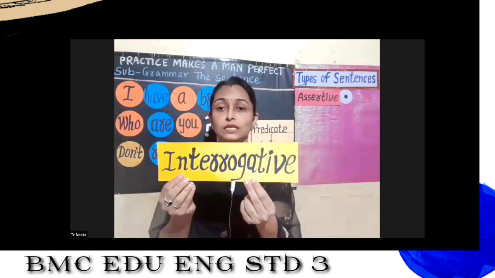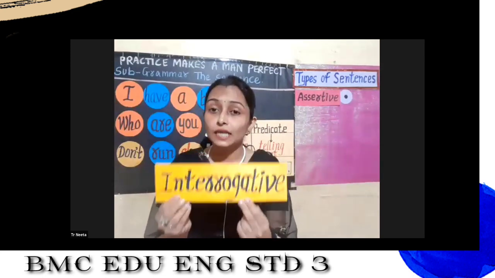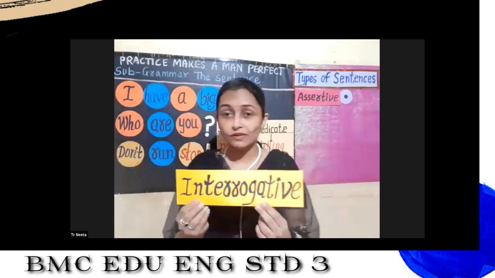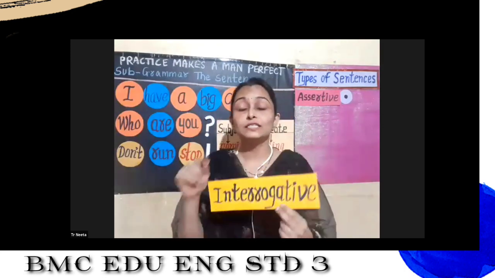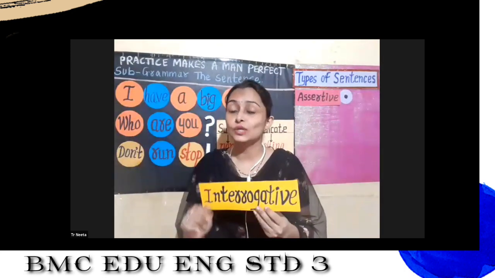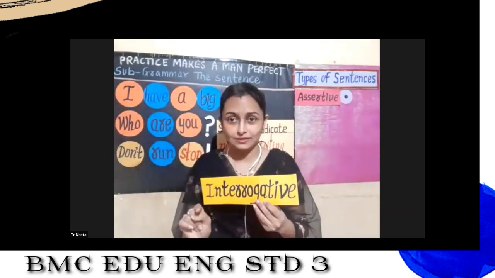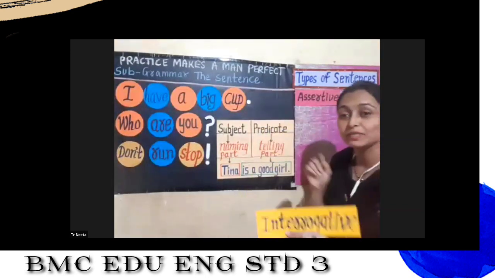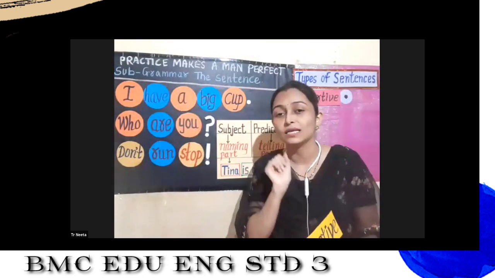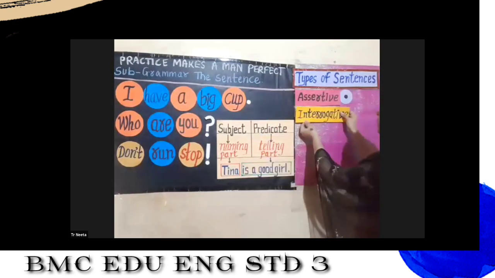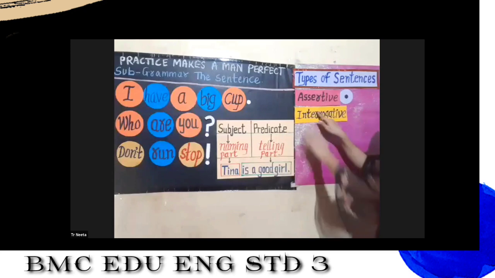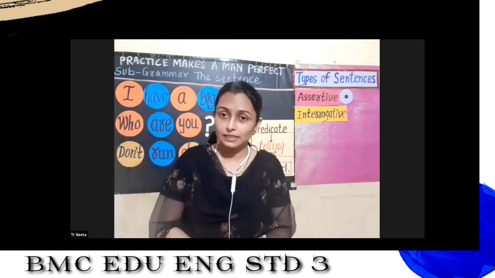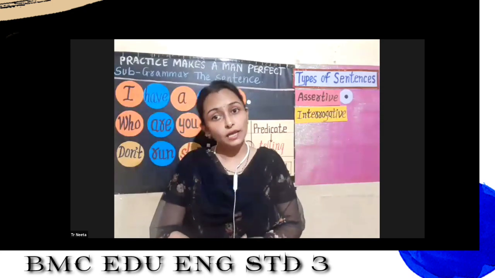Okay, now children, the second type of sentence is the interrogative sentence. Interrogative itself tells that to interrogate means to ask. Now children, this is a type of sentence and it is called interrogative.